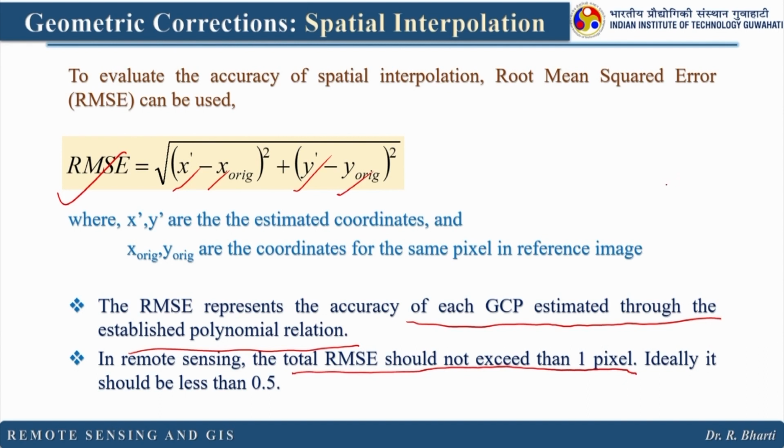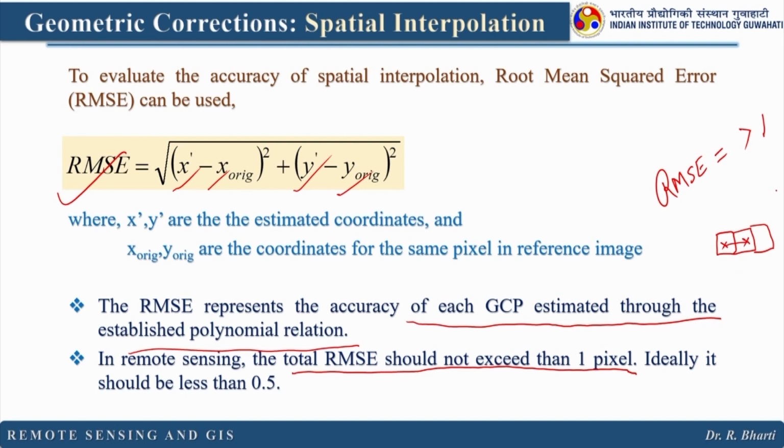That means the RMSE value should not be more than 1, right. And why so? Because 1 means here we consider these pixels. If RMSE is more than 1, that means this object which was supposed to be here will get shifted to another pixel, right.